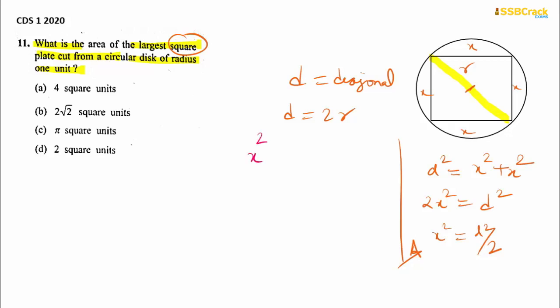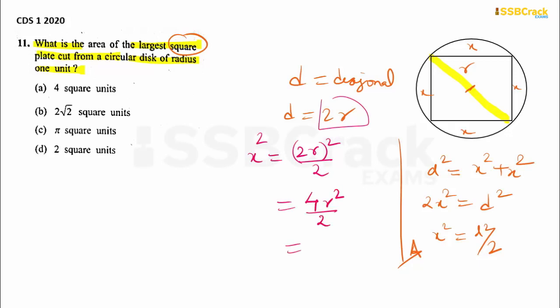So for x square, d square with d being 2r, accordingly you get 2r whole square upon 2, which would be 4r square upon 2, which would be 2r square. So x square is equal to 2r square.